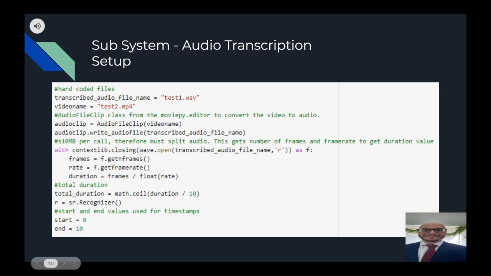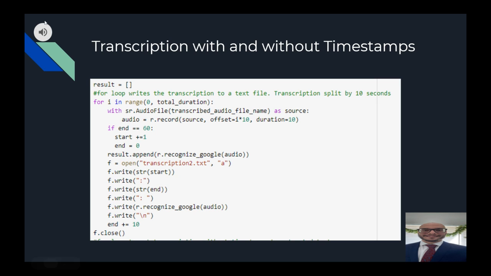The r declared there is the actual speech recognition object that we'll use to generate the transcript, and the start and end variables are going to be used as the timestamps for the transcription. The actual transcription is done within this for loop.